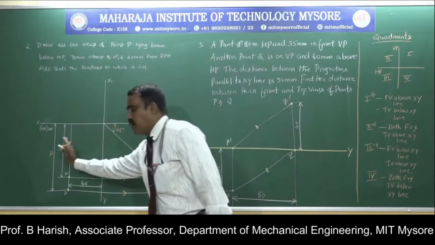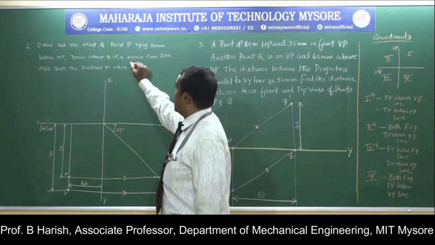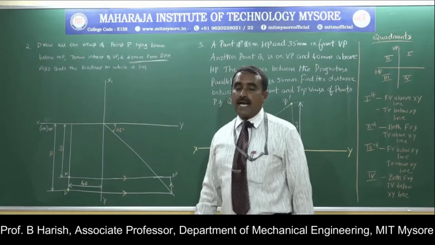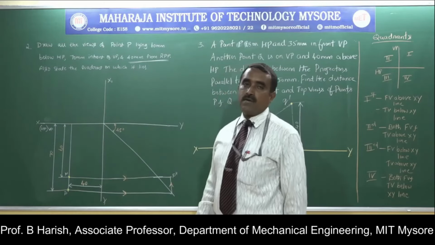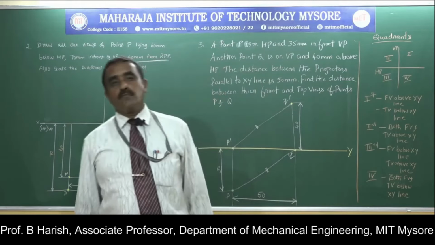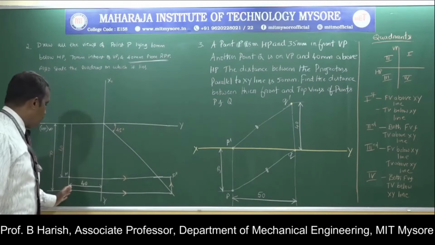Once you finish the first part where you draw the top and front view, come to the second part. It says 40 mm from RPP, the right profile plane. So how to draw the profile view? We have already drawn the top and front views.